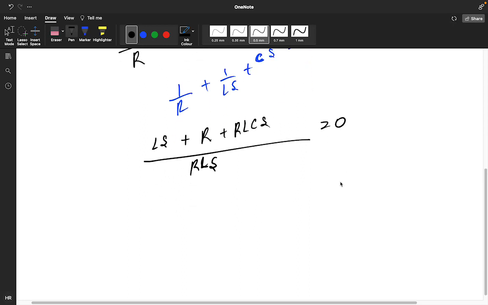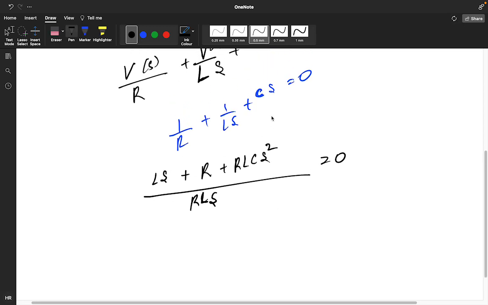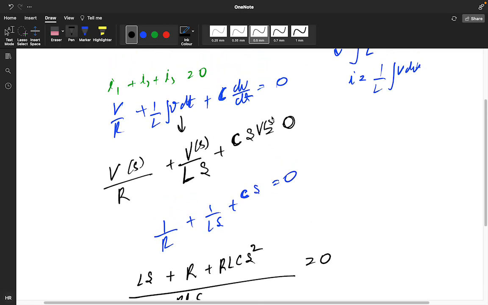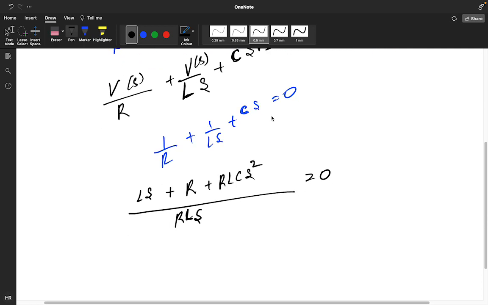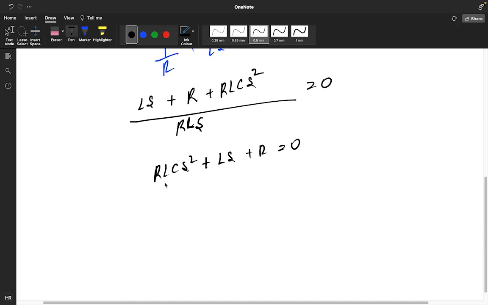So it will be equated to 0. This will be S square, I think. Oh no, everything is correct only. So we are getting this particular thing: RLC S square plus LS plus R is equal to 0. Now take RLC common. If you take RLC common, you will get S square plus LS divided by RLC plus R divided by RLC is equal to 0.